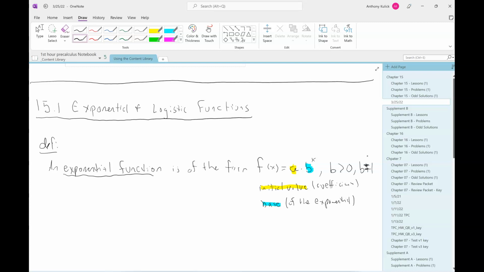So one good reason is that if b is negative, when x is an even number, you're going to get a positive number. But when x is an odd number, you'll get a negative. So the thing's going to just be jumping up and down across the x-axis.